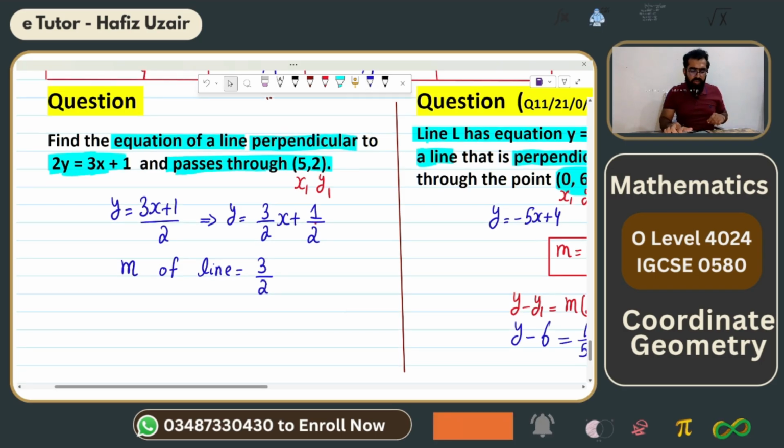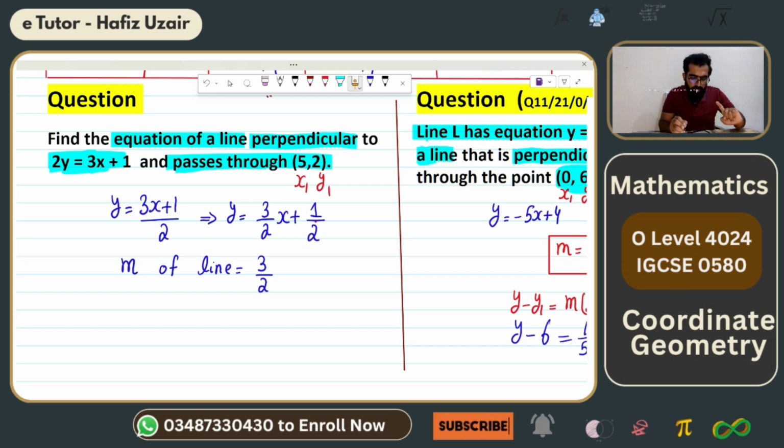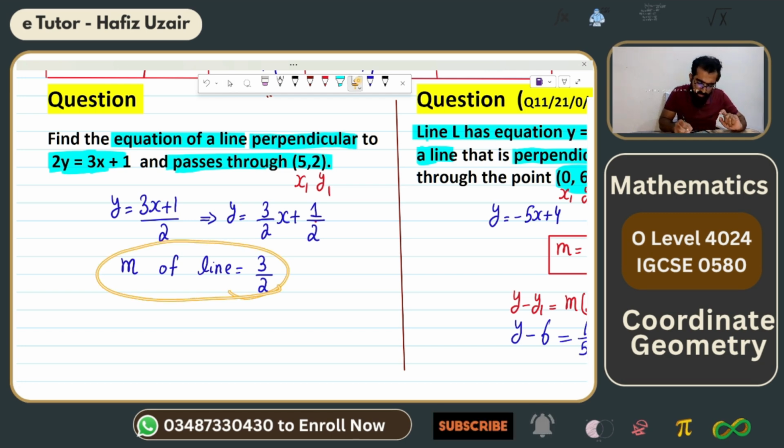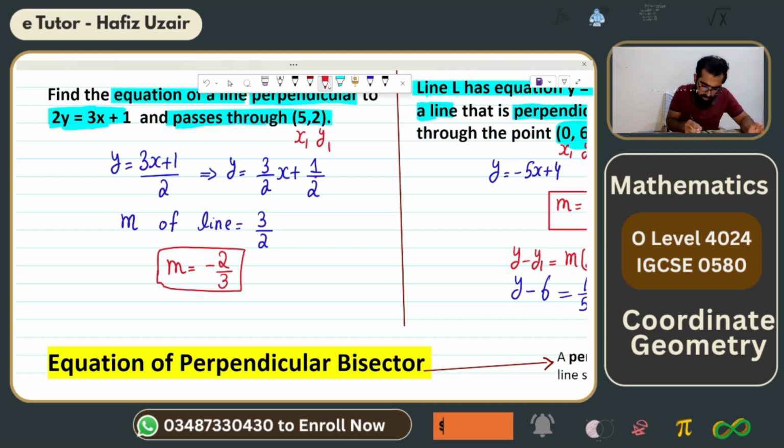Now what is the gradient of the line that we need to find? We need to find the equation of the line that is perpendicular to this line. For perpendicular, we take the negative reciprocal. So the negative reciprocal of this gradient will be minus 2 upon 3. So m will be equal to minus 2 upon 3.